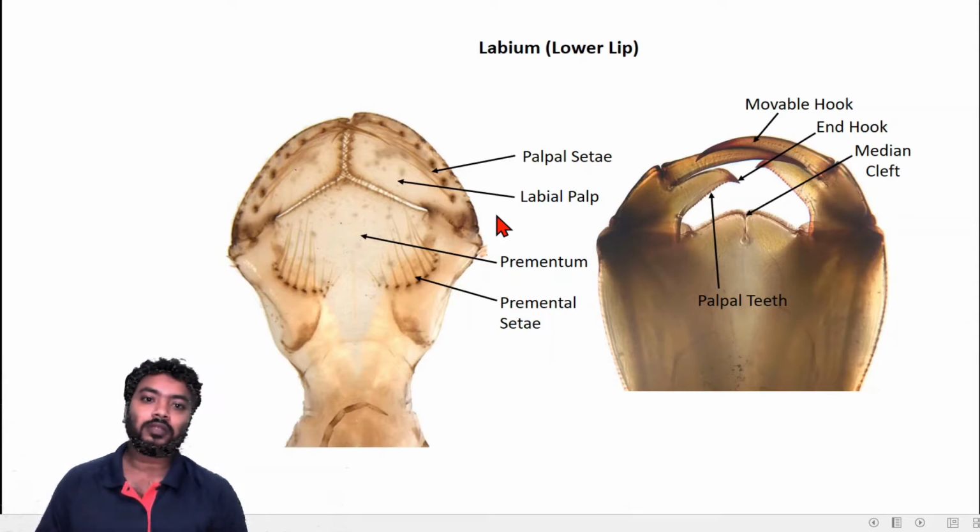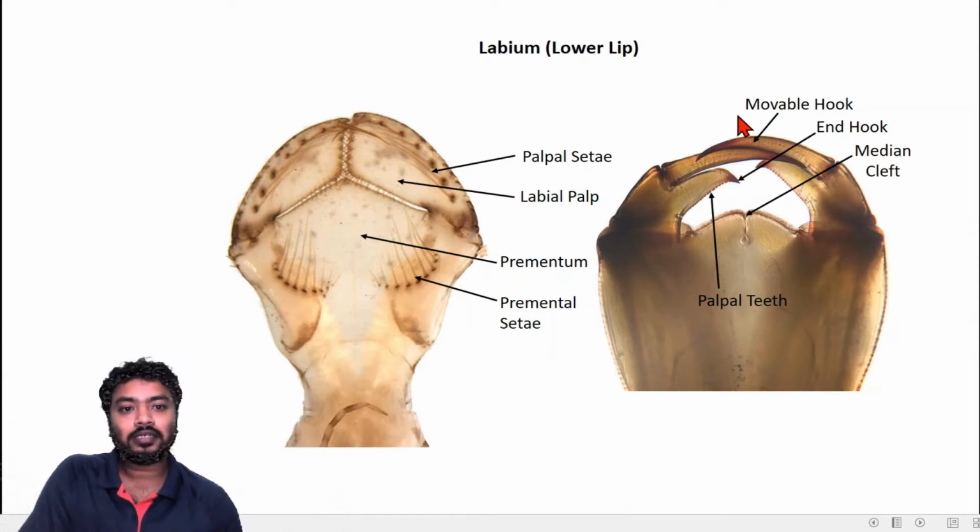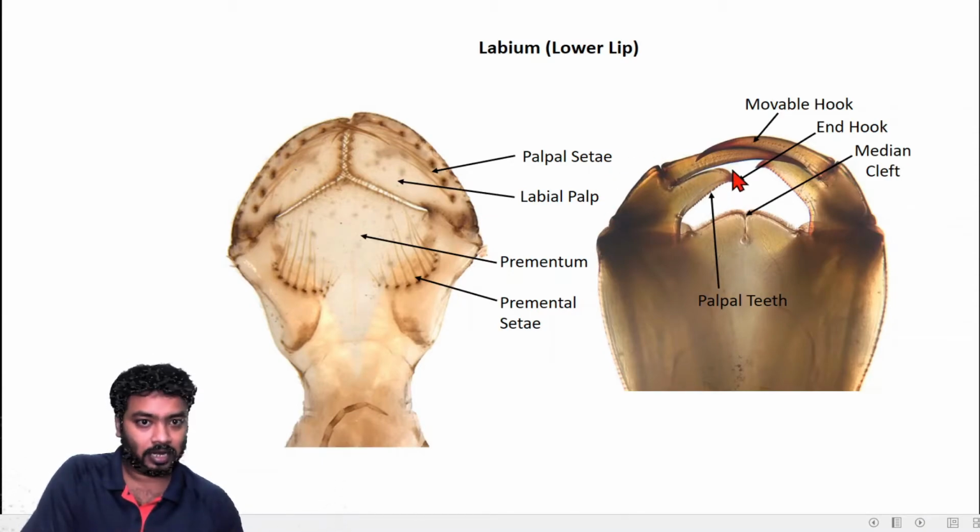Okay. Some other characters are the movable hook. See here, the movable hook is very big, but in the case of this species, the movable hook is very small. This end hook is known as the movable hook. And this is the labial palp for this labium. See, it is very small, here it is very big and grown.